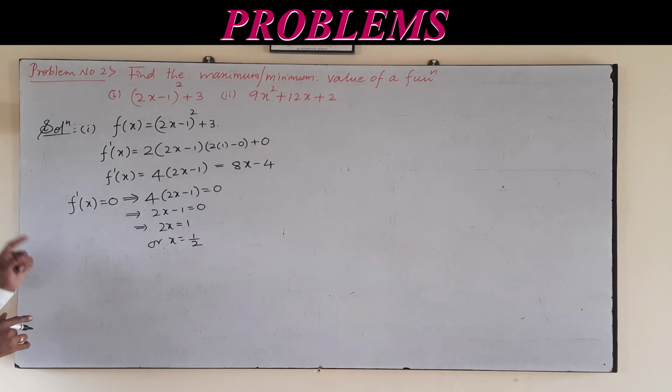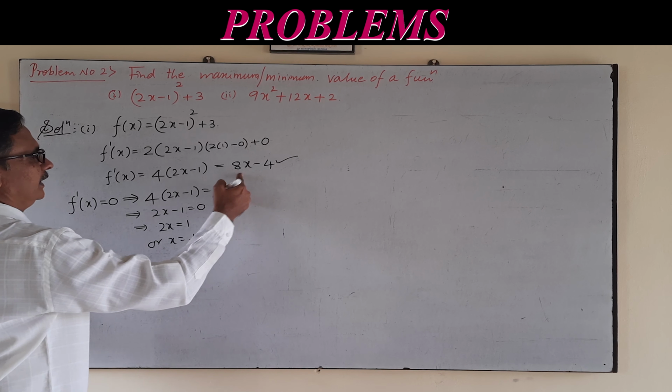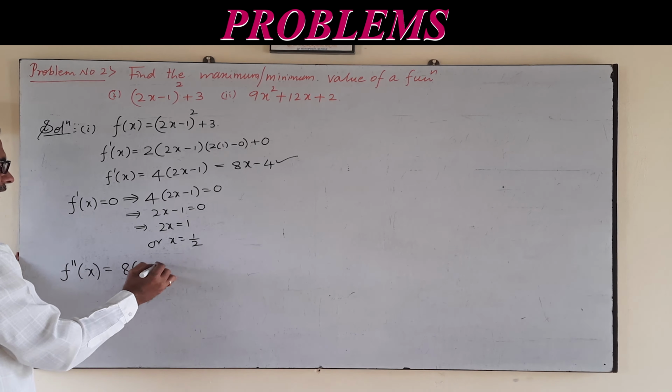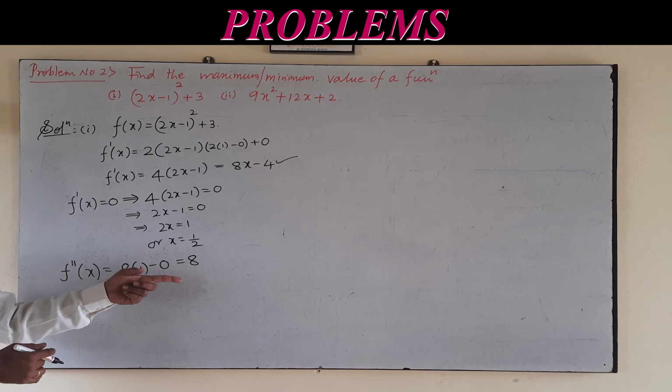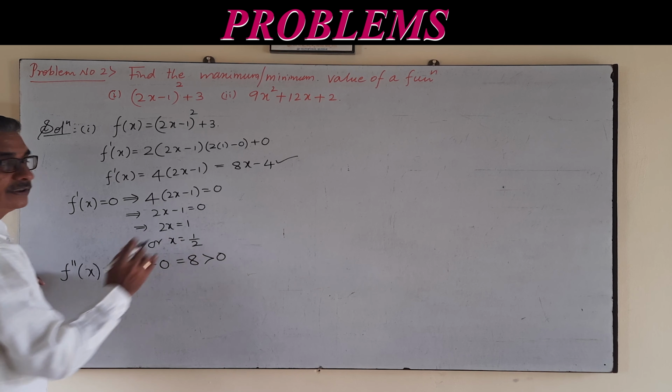Step 1 over. Step number 2: once again differentiate, solve f double dash x. f dash x is 8x minus 4; differentiate it once again. 8 constant, derivative of x with respect to x is 1, minus derivative of 4 is 0. 8 ones are 8, 8 minus 0 is 8. Positive or negative? That is a positive value, more than 0.